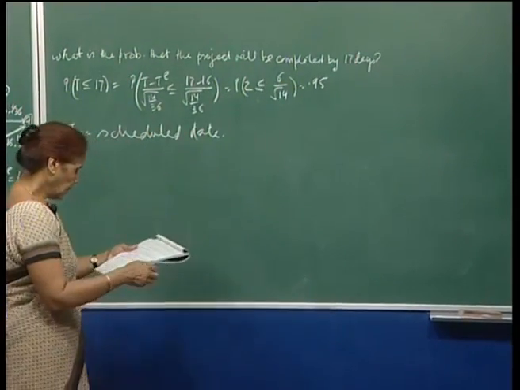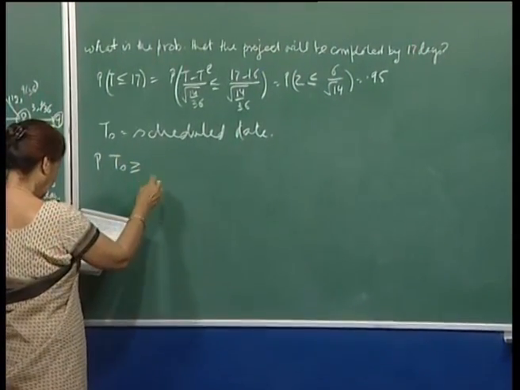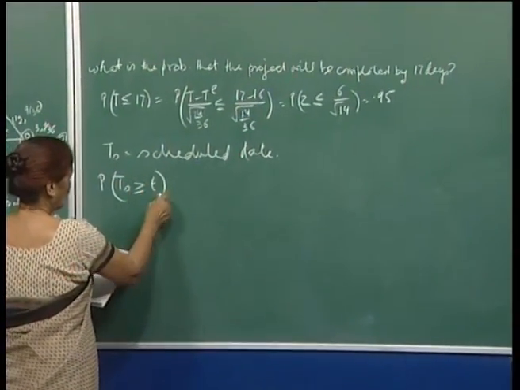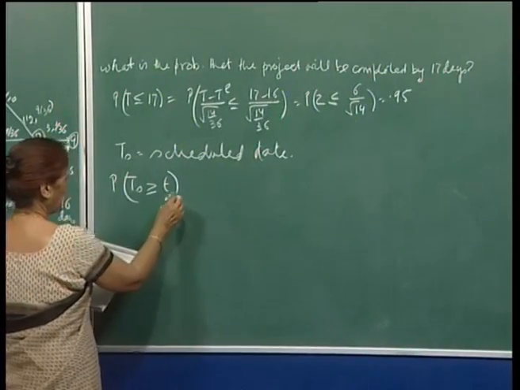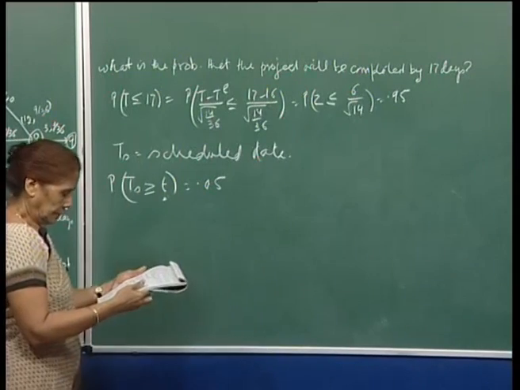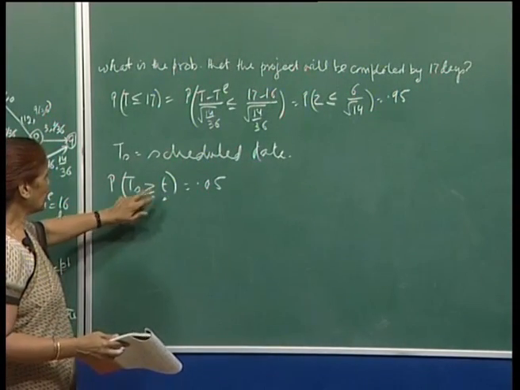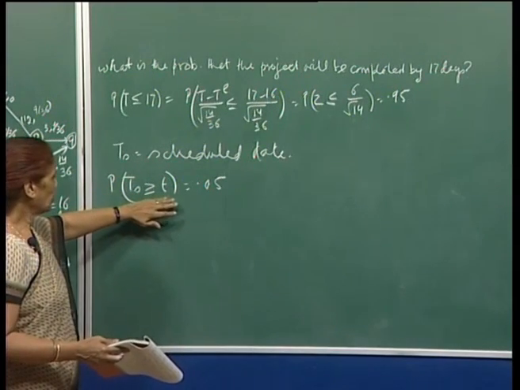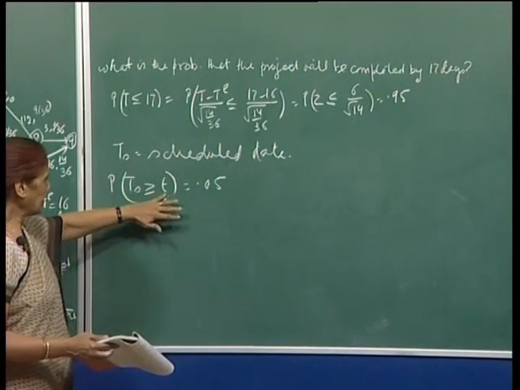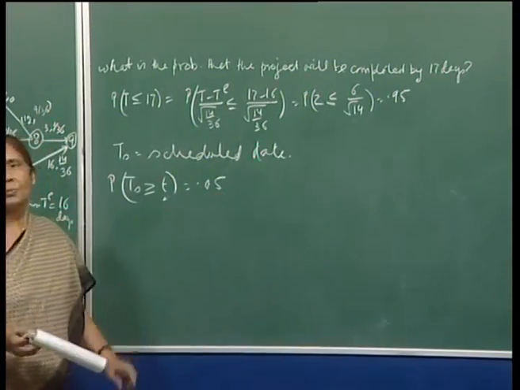So, therefore, you will ask the question: probability T s greater than or equal to T is 0.05. You want to know that by a certain contracted date, the probability that your scheduled date will exceed the contracted date should not be more than 0.05.